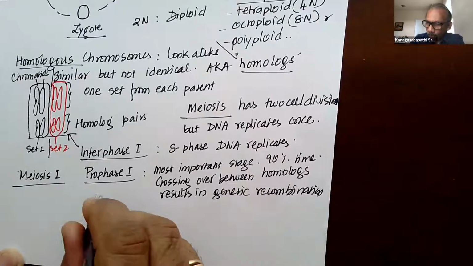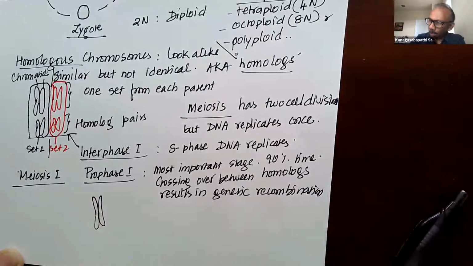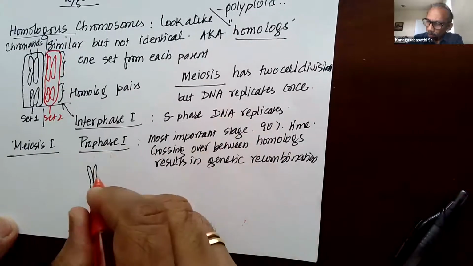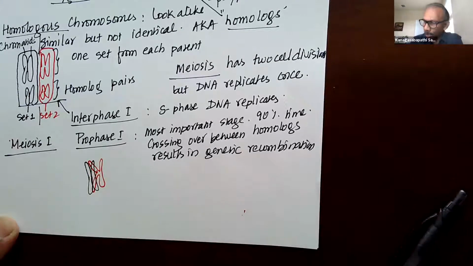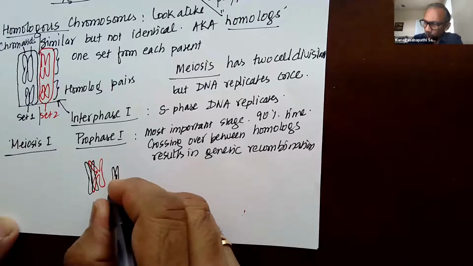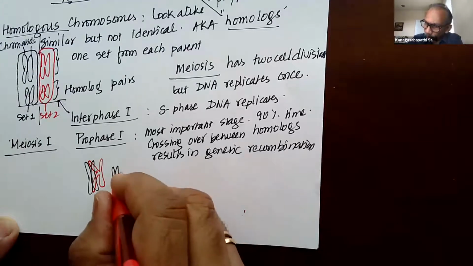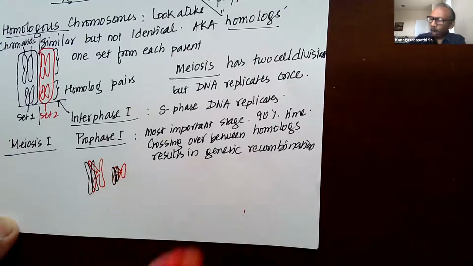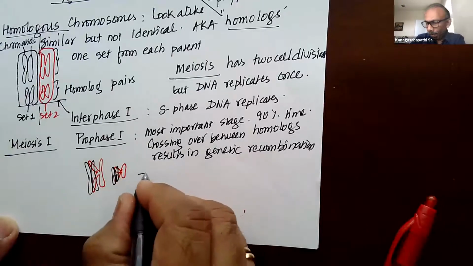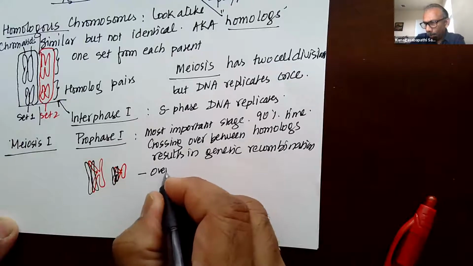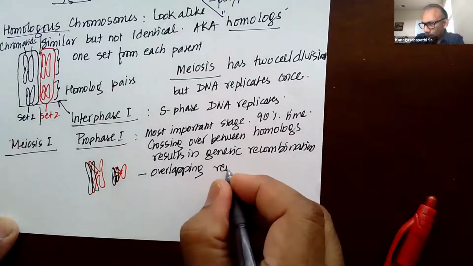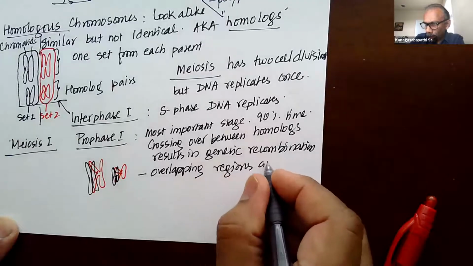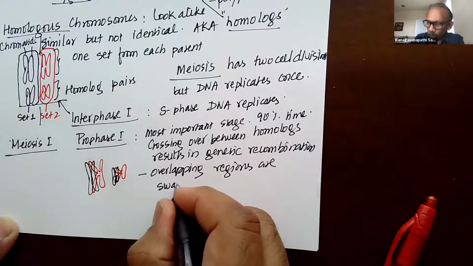Like if you have the chromosome like this and the other chromosome overlapping this here, and the same happens with the little chromosome and the little chromosome like that. They overlap. The overlapping regions are swapped between the two.